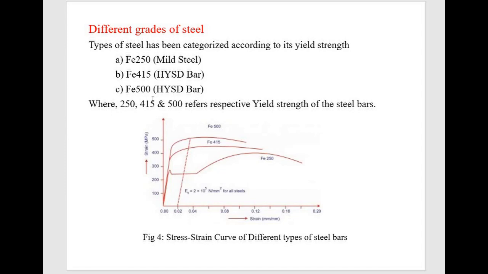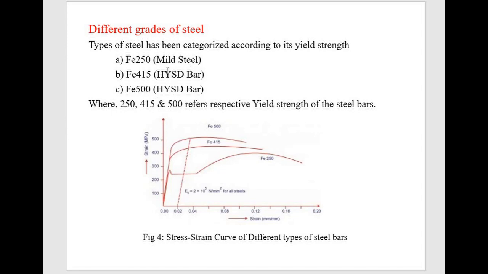These are the common steels we come across, and nowadays we get Fe 550 and Fe 550D in the market. These two are the recently added steels in the market. But Fe 415 and 500 are HYSD bars.